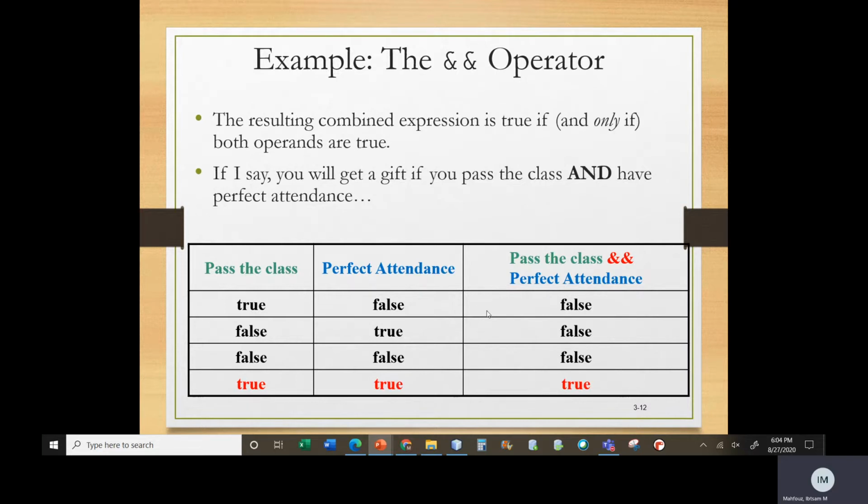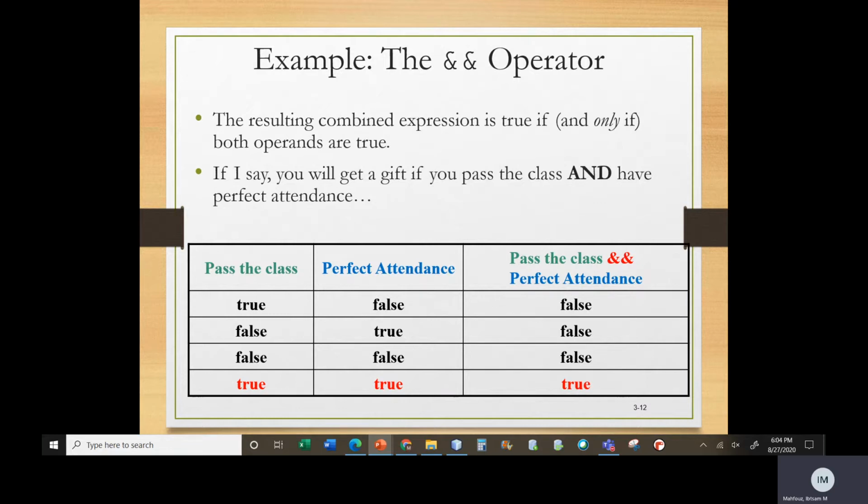So here we see that the and operator can be used to build expressions where you want many individual expressions to happen. It's kind of like if you have a child and you tell them, if you finish your homework and you clean your room, then you can watch TV. If they cleaned their room and did their homework, you'll let them watch TV.